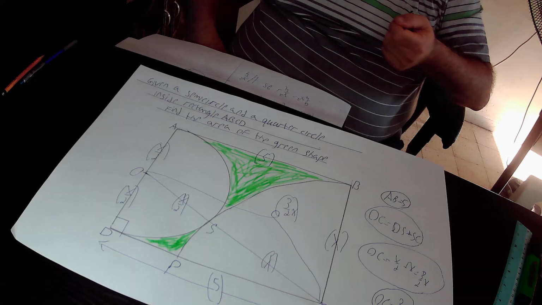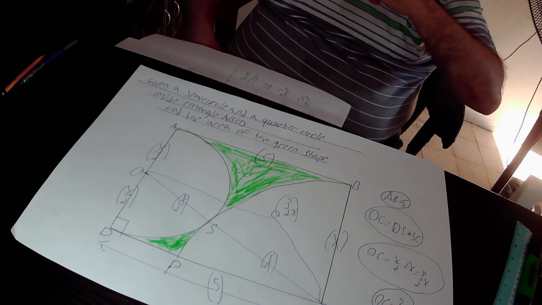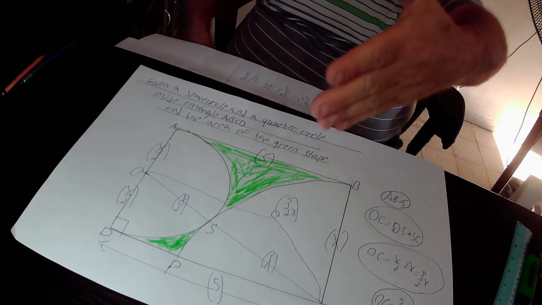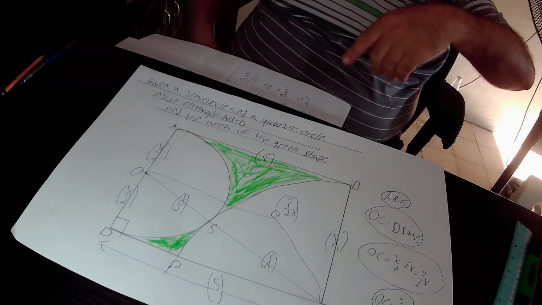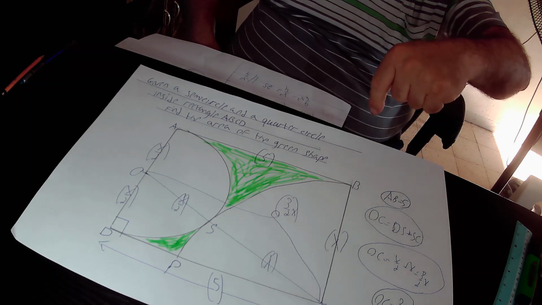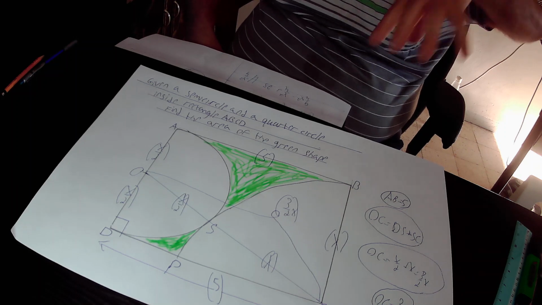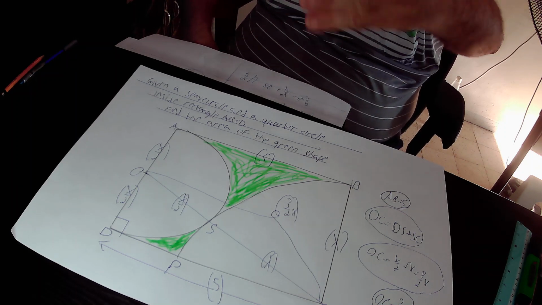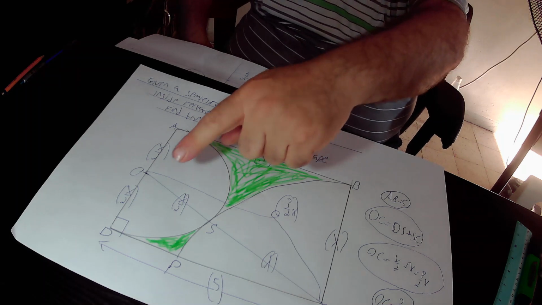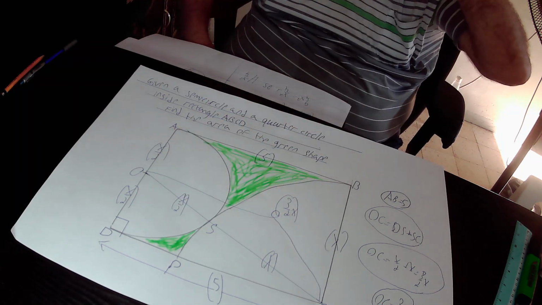First of all, we define the radius of this quarter circle as x. Therefore, that is to say, BC, that is the radius of this quarter circle, equals x according to our definition. We know that all the angles inside any rectangle are right angles, and therefore this angle is a right angle.